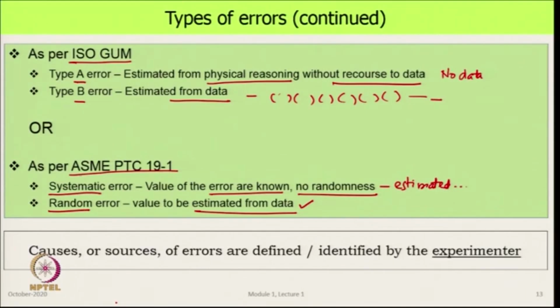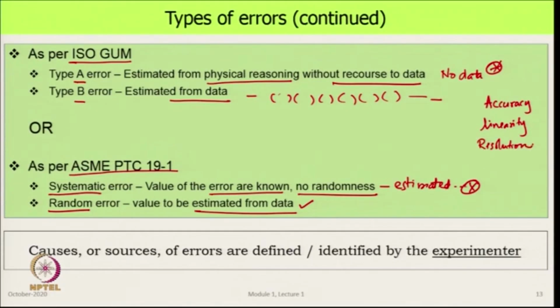To give an example, systematic errors and type A errors could include inferences from accuracy of an instrument, linearity, resolution.